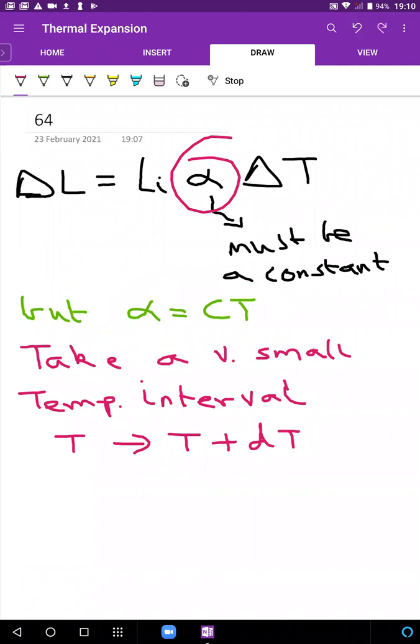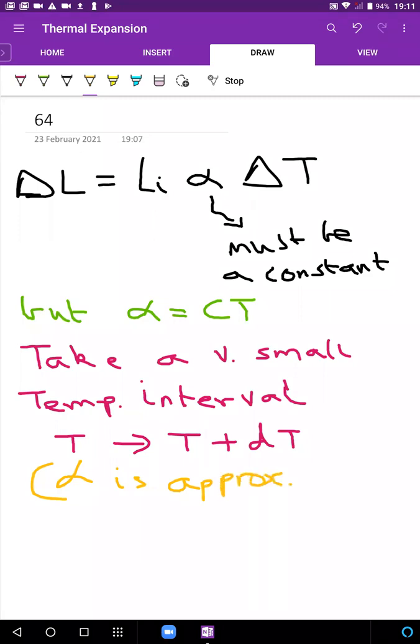Like over here in our small temperature interval, alpha is now more or less a constant. So in this small interval, alpha is approximately a constant because temperature does not change too much in this tiny interval.